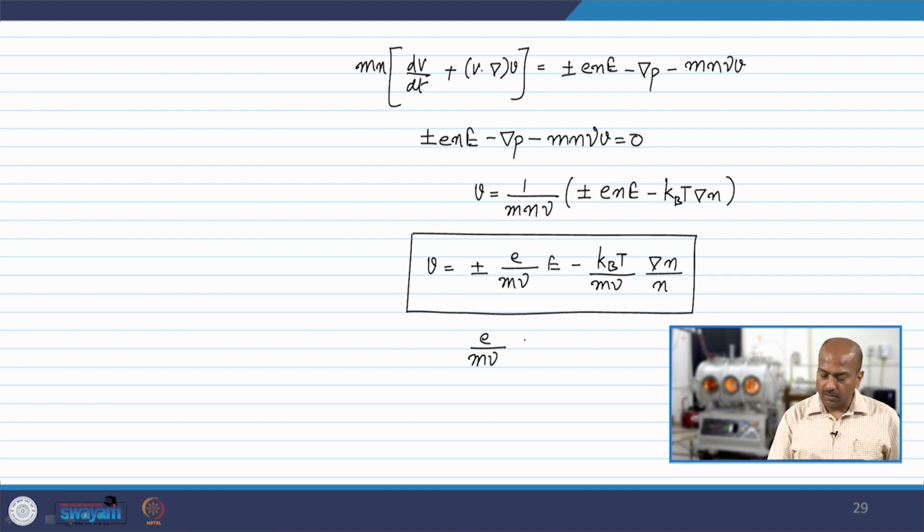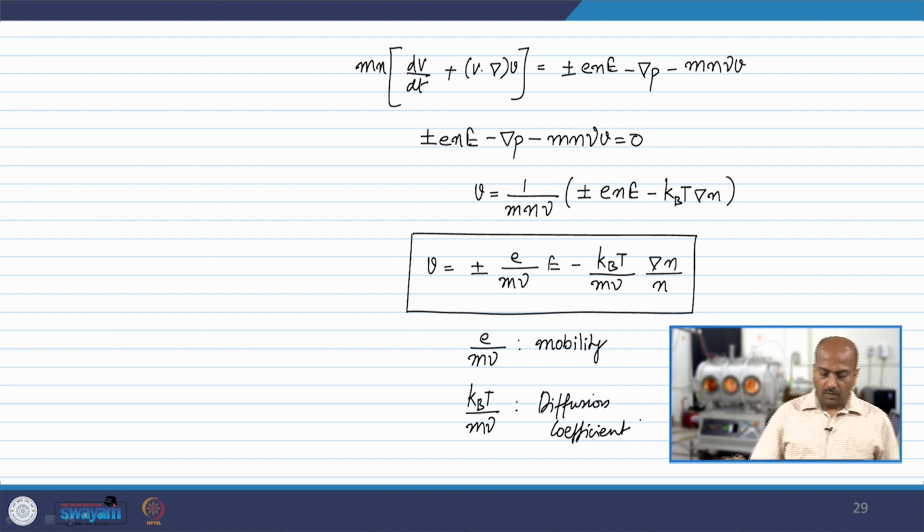Now, in this expression, you see this e by mν. What is this? This is called the mobility, and you have kBT by mν. What is this? This is called the diffusion coefficient, right.